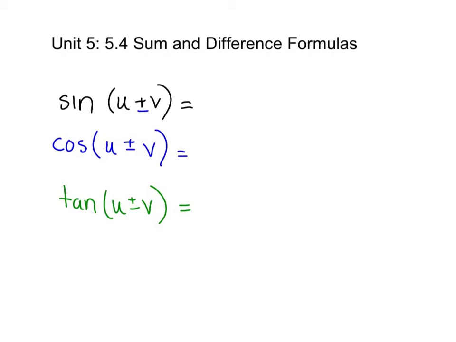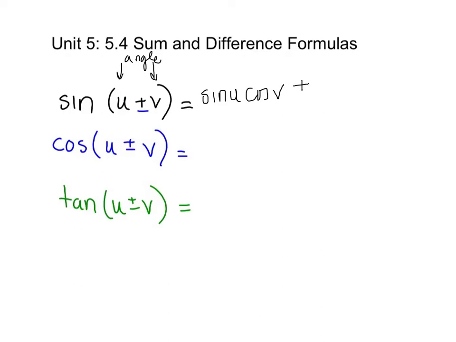The U and the V are both angles. So these right here, the U and the V, are both angles. And so what we're doing is we're adding angles together, or we're subtracting angles. And the formula for this is, if it's sine, you would write sine of the first angle, cosine of the second angle, and then you would have the same sign. Sine has the same sign.